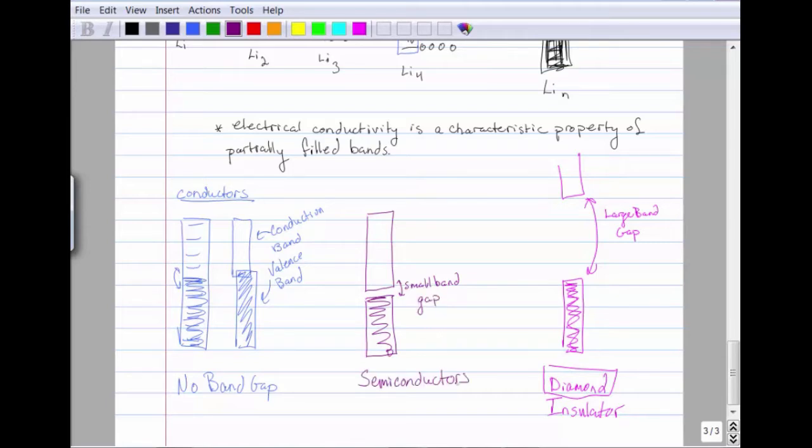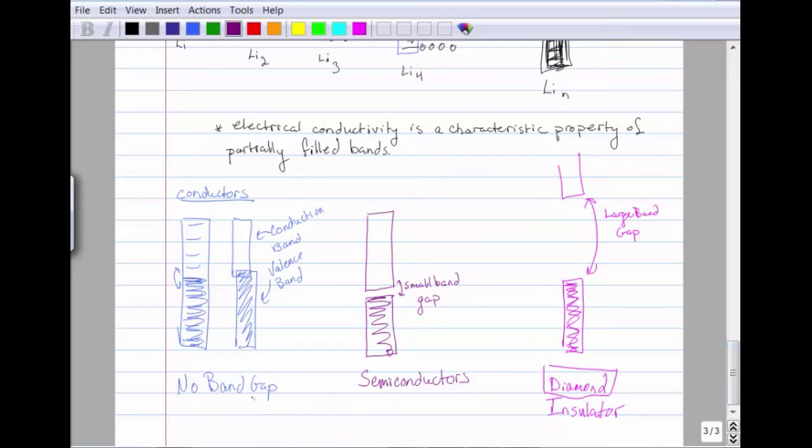When you have a semiconductor, this thing will not conduct electricity unless you add enough energy in the form of heat or voltage to pop electrons from the valence to the conduction band. So semiconductors are things that do not conduct at certain temperatures or at lower voltages, but when you pop the voltage up or when you raise the temperature, then you can have occupation of that conduction band. And so these are things that we use in electronics because they offer us some control.